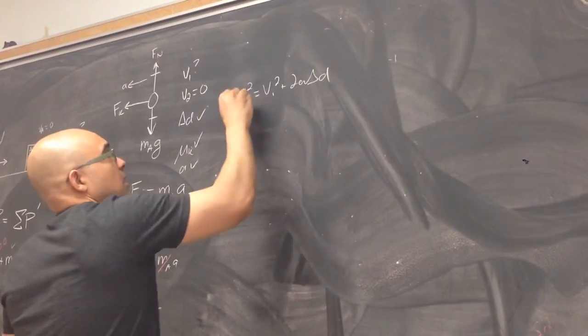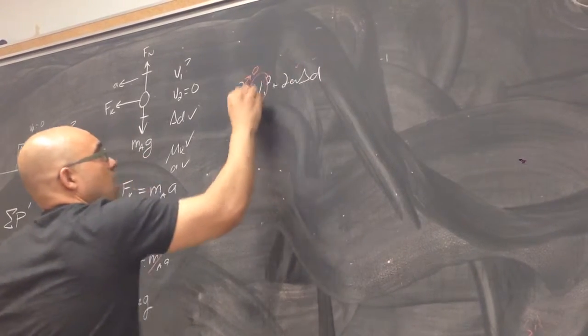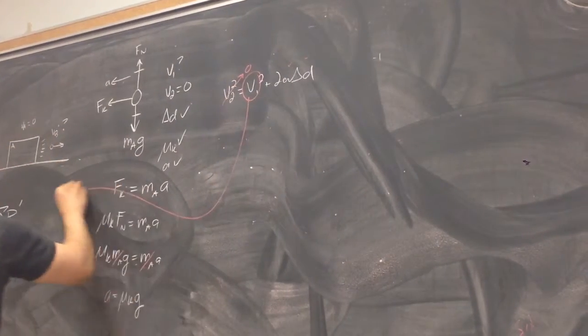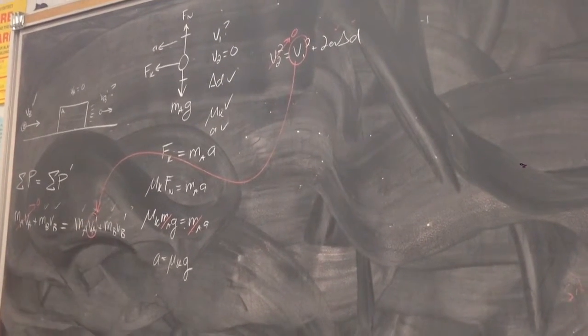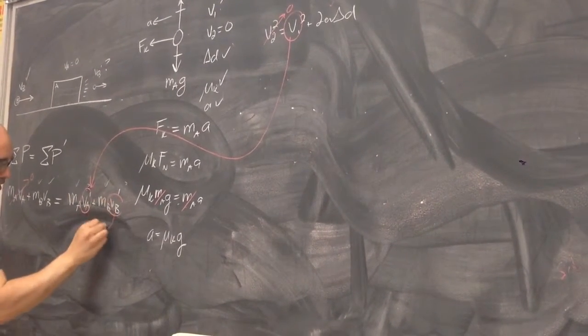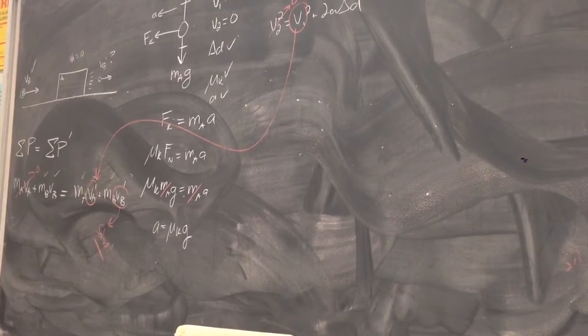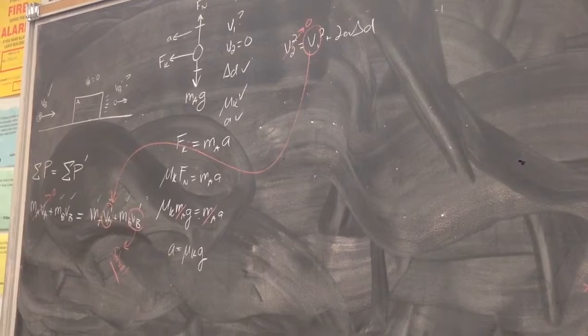This is 0, this is known, this is known. We solve, and that is the same as that. Then we can go through and solve for the exit velocity of the bullet.